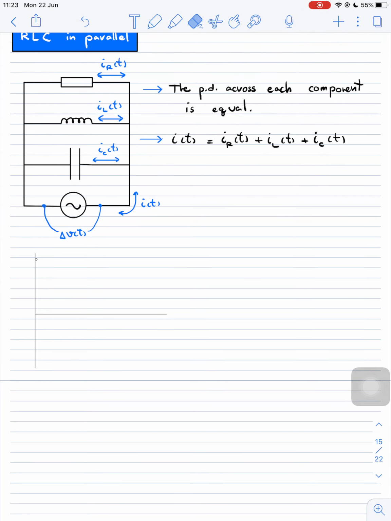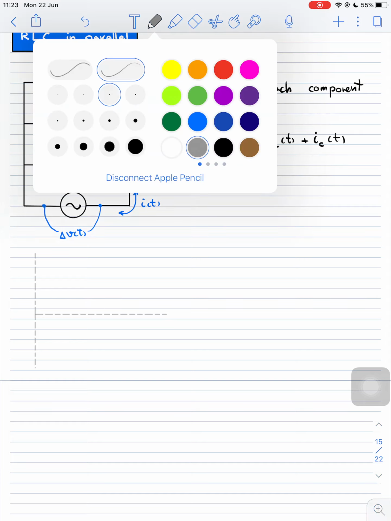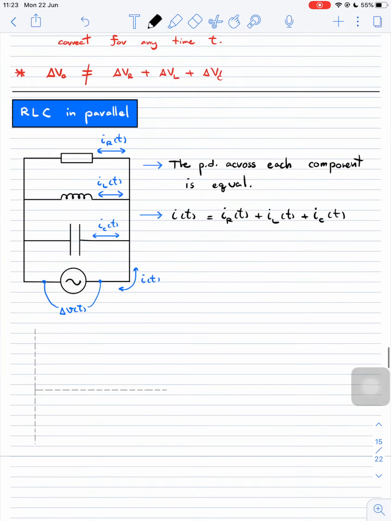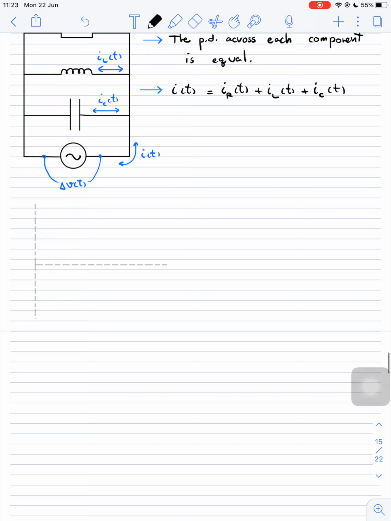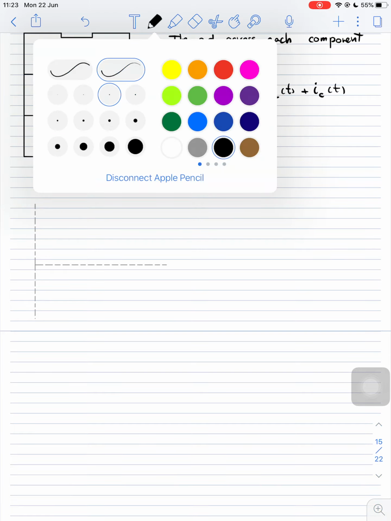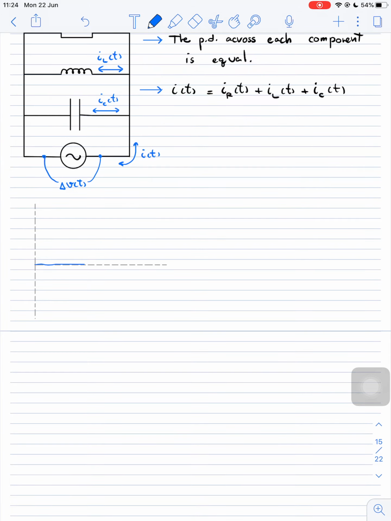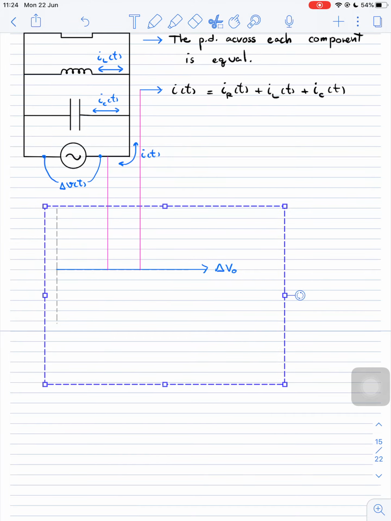Let me make the horizontal axis the delta V. This one is delta V naught, for the maximum amplitude.